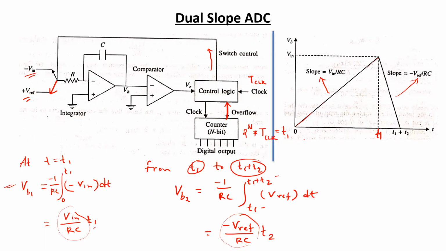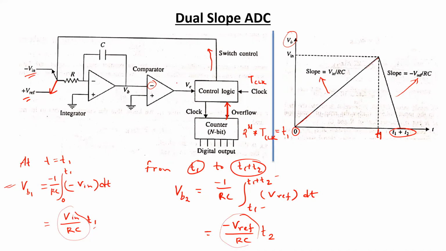Now for this entire duration from 0 up to T1 plus T2, you can see that the output of the integrator is always positive. So as the output of the integrator is positive for this duration of time, the voltage at the inverting terminal is now greater than the voltage at the non-inverting terminal.